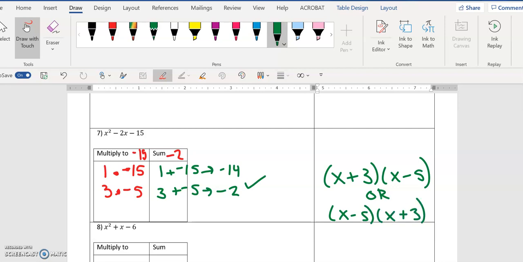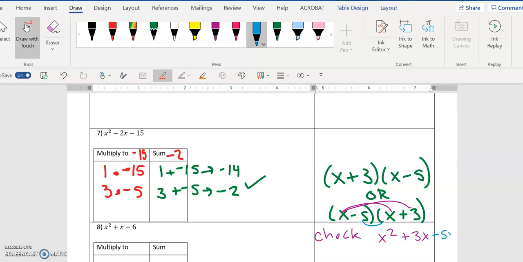And these are equivalent. Maybe I'll pause for a moment and just remind you the reason this is the same expression. If you were to check it, and you can check every factored problem, when I multiply x by x, I get x squared. X times 3, I get 3x.